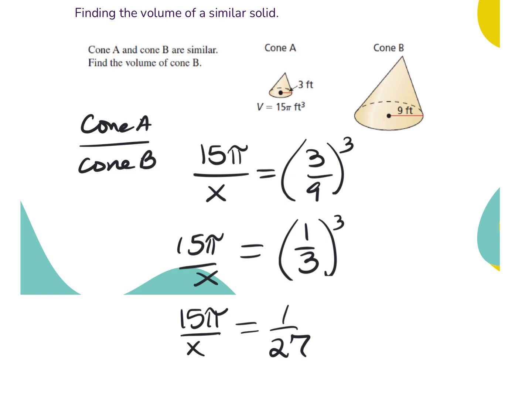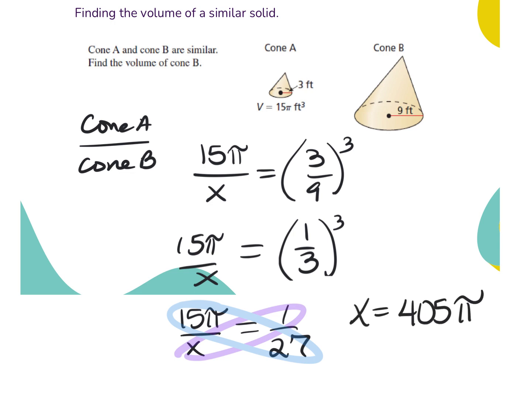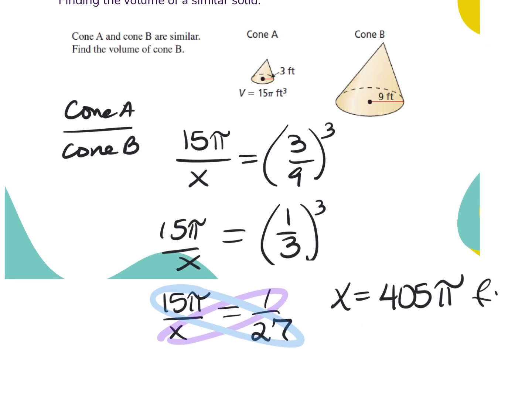And I'll multiply the x times the 1 and the 15 pi times the 27. And I get x is equal to 405 pi. And these would be feet cubed. However, using your pi button, this would equal 1,272.35 feet cubed. So again, make sure you read it if it wants it in terms of pi or rounding to the hundreds place.